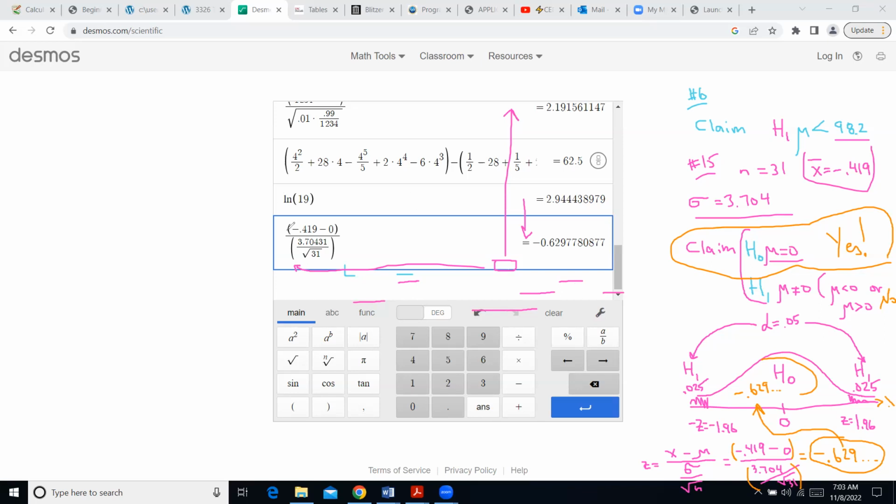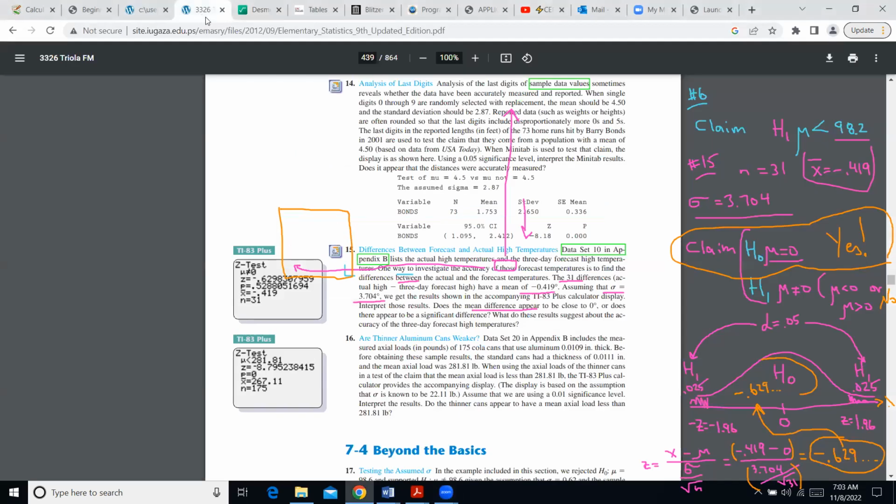But I guess thanks to you, and thanks to the calculator that enables us to see what we actually enter in here, is very, very helpful, right? So that's the idea of the exercises. And here we can claim just about anything, and then find a z-score and it will tell you yes or no to the claim. And this is the plan.